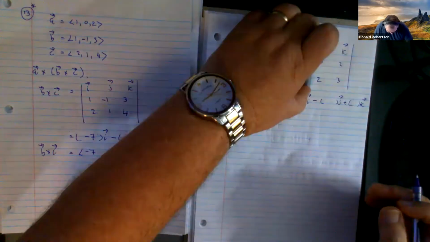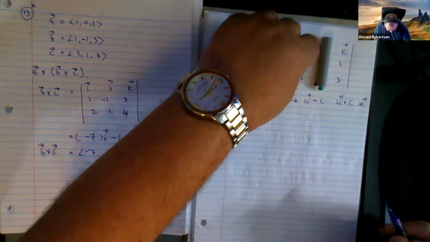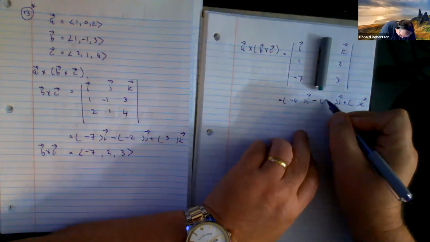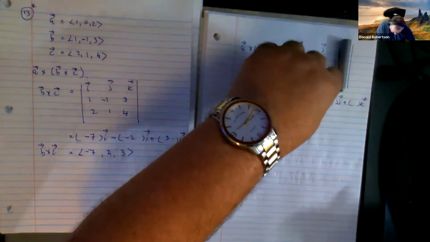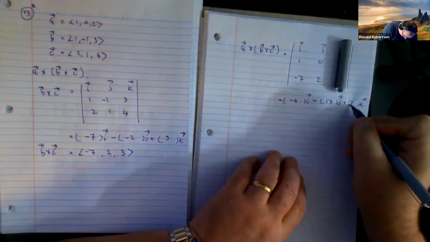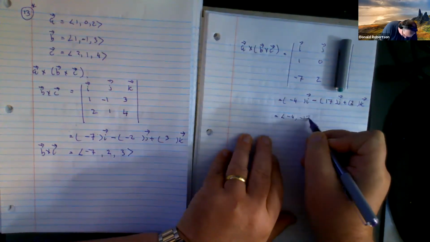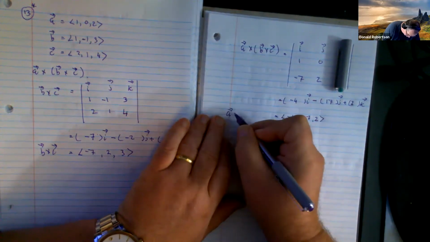Cover that guy up. 0 take away 4 is -4. Cover up the middle one. 3 take away -14 is 3 add 14, so you get 17. And this last one, 2 take away nothing gets you 2. And so we have -4, -17, and 2. And we've just done our first triple cross product.